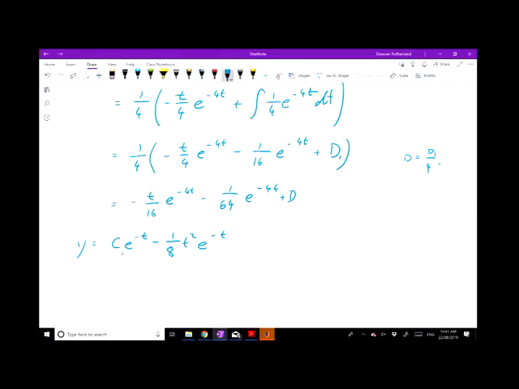so I've taken my A and I've multiplied it by my y1. I'm now going to take my b and multiply it by y2. Remember that y2 is like 3t.